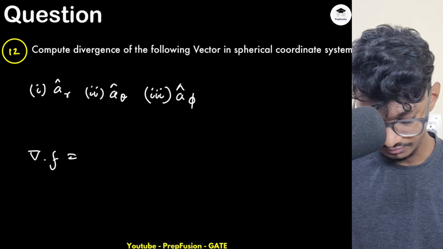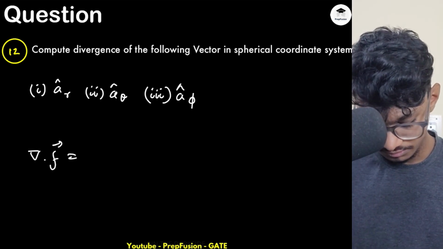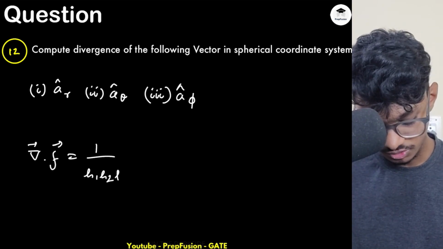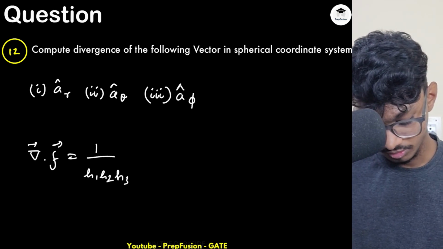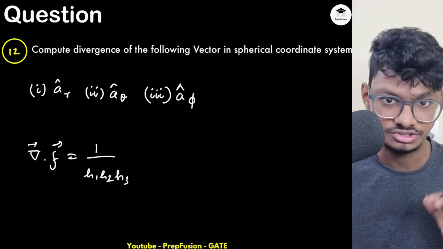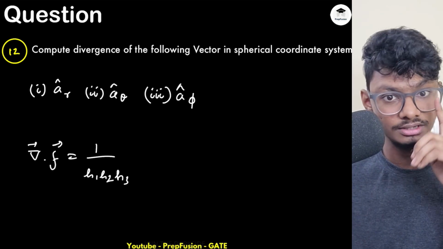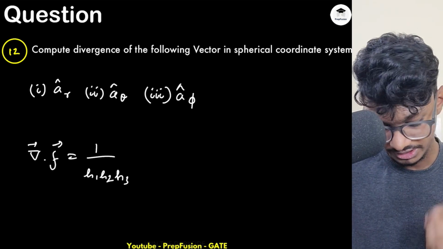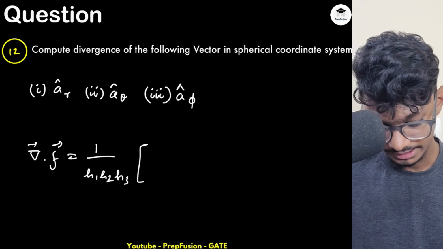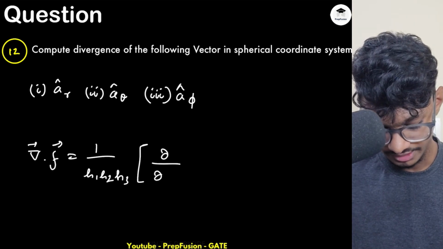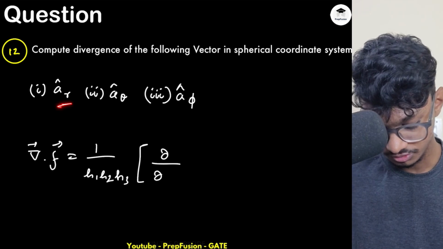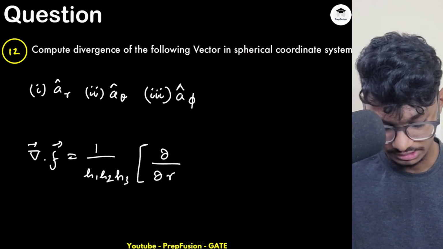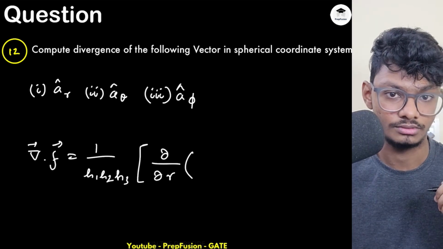Divergence of any function f is equal to, if you remember, always 1 by h1 h2 h3 will be present. For divergence and curl, 1 by h1 h2 h3 will be present; for gradient, things are a bit different. Then I differentiate the first component. This is in R, in the spherical coordinate system, so this will be del by del R of h2 h3.